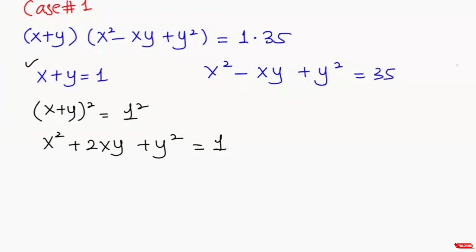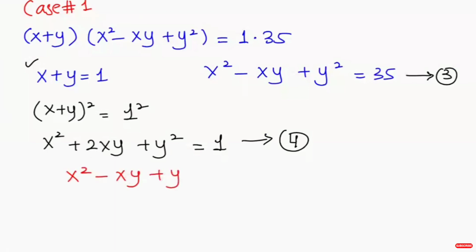Now I'm going to name this as equation 3 and this as equation 4. Now I'm going to subtract equation 4 from equation 3. So I'm going to write x squared minus xy plus y squared is equal to 35.